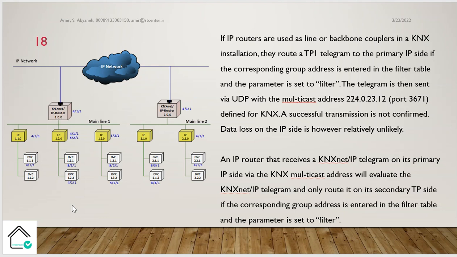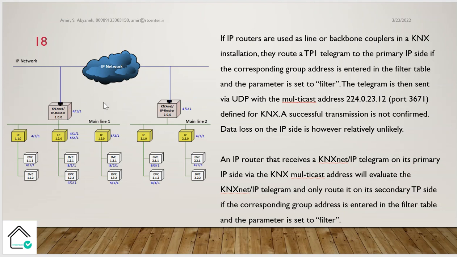An IP router that receives a KNX Net IP telegram on its primary IP side via the KNX multicast address will evaluate the KNX Net IP telegram and only route on its secondary TP side if the corresponding group address is entered in the filter table and the parameter is set to filter. What's happening is the telegram is coming from this IP router as a backbone coupler.